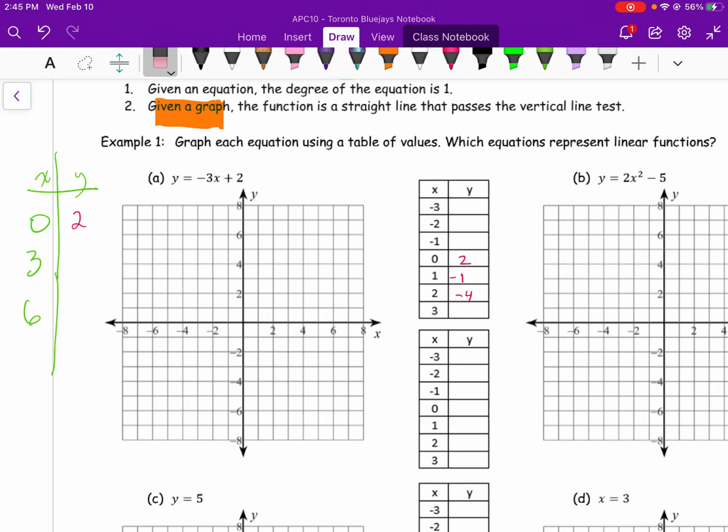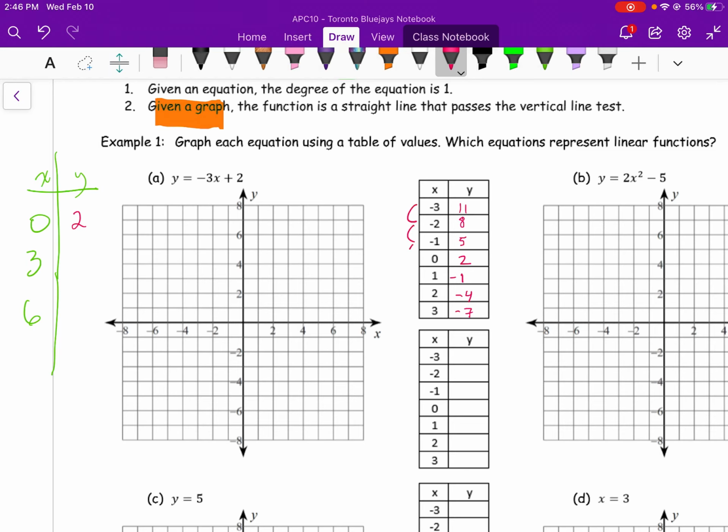Now I can continue on like this, but I'm just going to fill in the table. Now remember, you could recognize a linear function from a table of values.